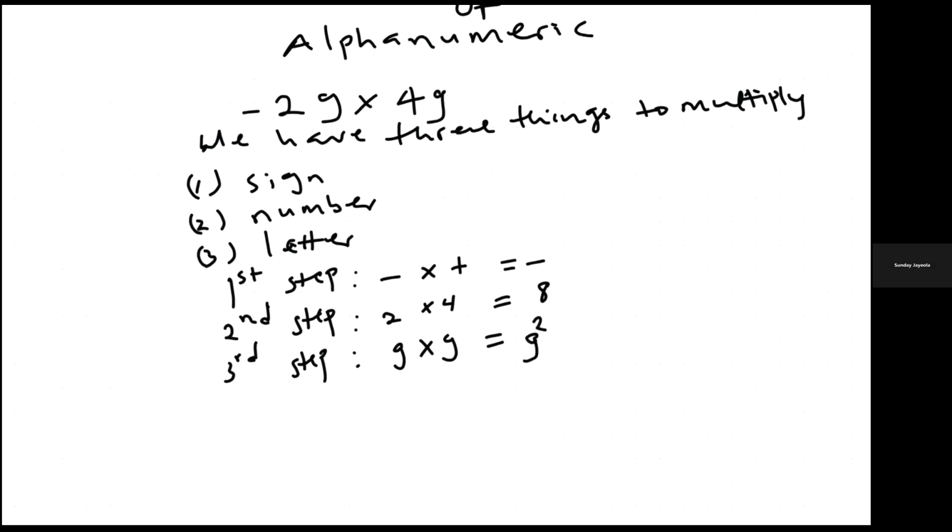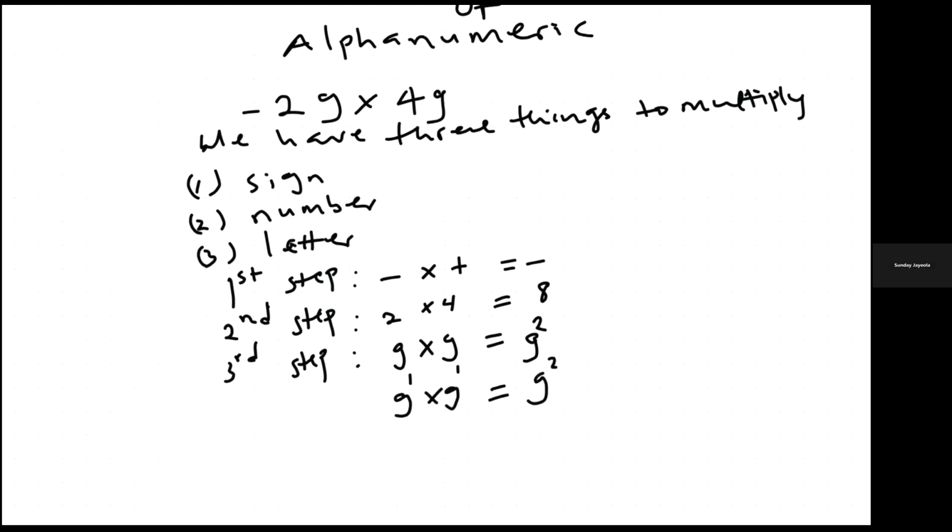This is where some students have problem, so I need to take some seconds here to explain that. G multiplied by g, it is the powers you are going to add together. G here is g raised to power 1 multiplied by g raised to power 1. So you add them together, it becomes g raised to power 2.